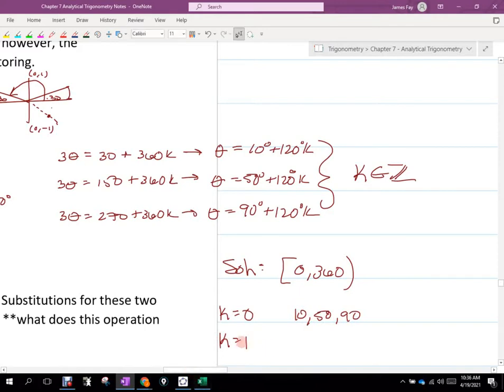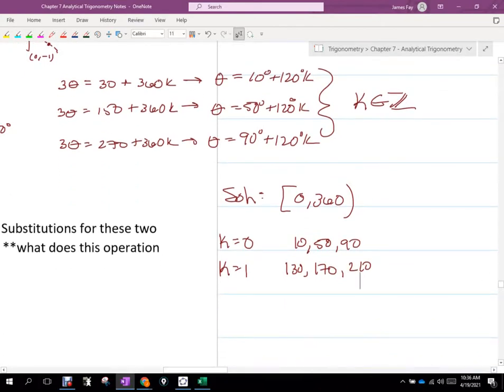If k is 1, I get 130, 170, and then 210. And then we let k be 2. If k is 2, we get 250, 290, and 330.